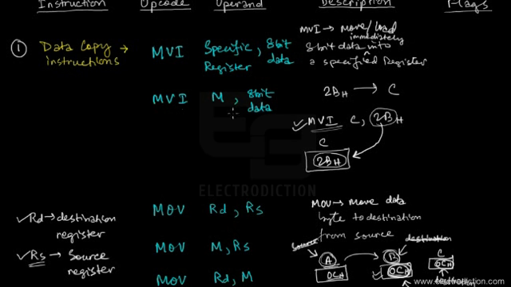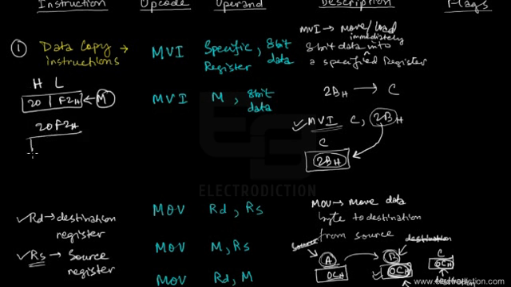Only the instruction undergoes a little bit of change: instead of the specified register, we use the symbol M. So again, if the HL register pair, like in the previous case, contains a memory location, let's say 20F2H, referred to as M, and we want to transfer to this location a data byte, let's say 2BH, then we write the instruction this way.